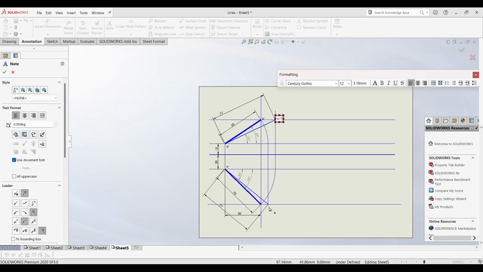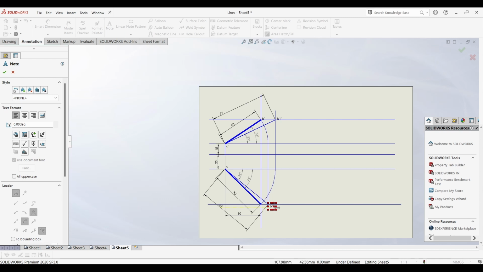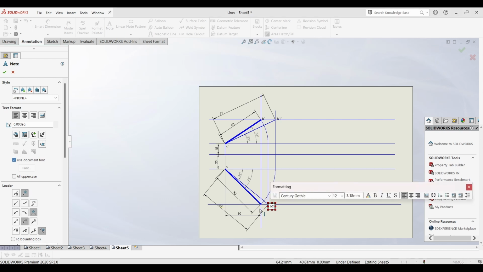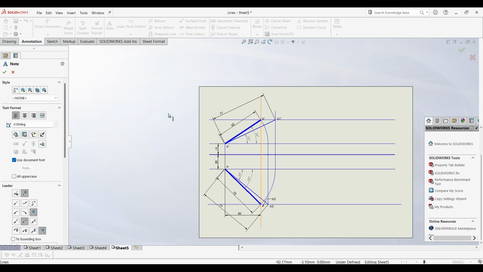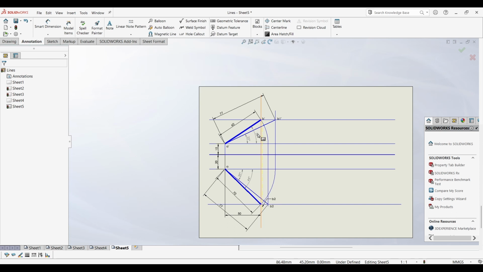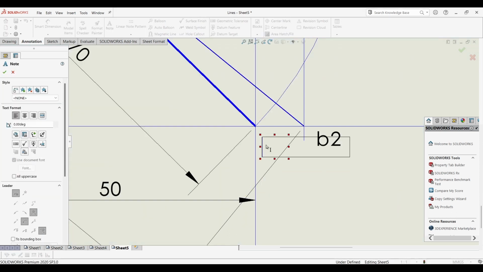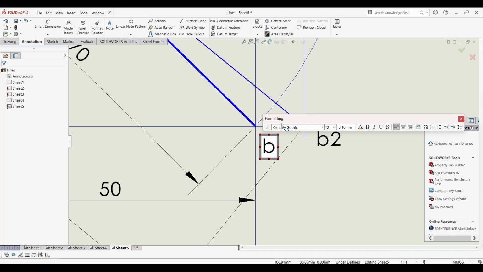And then this is our point B2. Okay. Over here, our point B. Yeah, so these are the points and lines. Let's go to the next question.